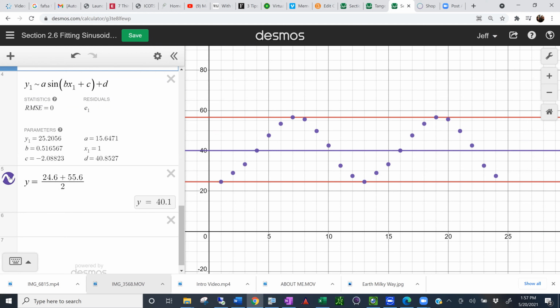So 1 down, 3 to go. Are we okay with this middle line here? The distance between this point here and my middle line, that is the top and the middle, that's going to be my amplitude. So in terms of figuring out my amplitude, I could just take 56.6 and subtract 40.1, and that's going to give me 16.5.